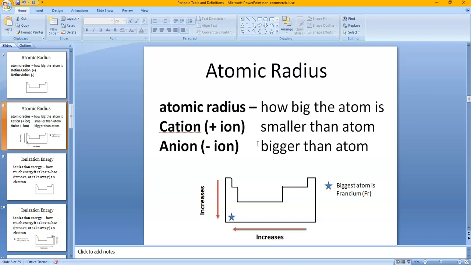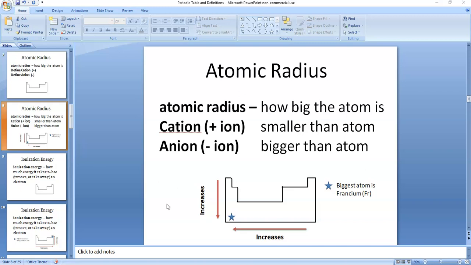All right, so atomic radius. As you go down the periodic table, the radius gets bigger, and as you go to the left, the radius gets larger. And the reason why is because of the nucleus. So as you move to the left on the periodic table, the number of protons decreases, which means the nuclear charge in the middle of the atom that pulls in the electrons is getting weaker, and so therefore the electrons actually move farther out.